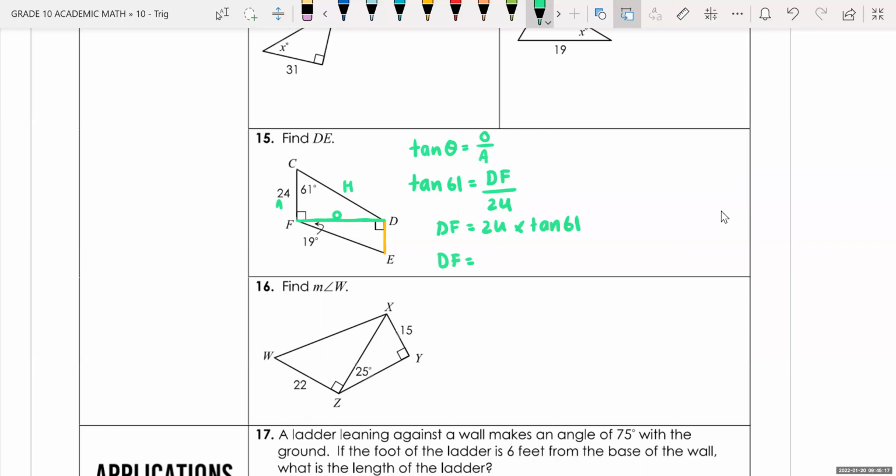And I think I mentioned this last time, but anytime in math, when you're doing a question that requires multiple calculations, like you need an answer to carry on to the next answer, don't ever round your answer until the very end. This is especially important when you get to physics. So for this question, I'm finding DF, but that's not my final answer. I need that DF to go to my next triangle.